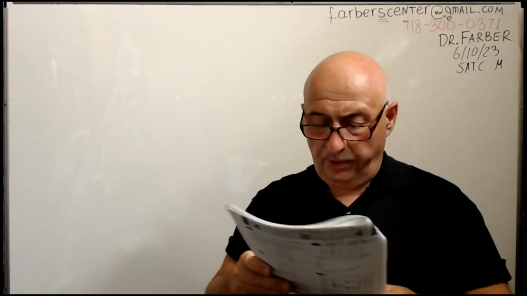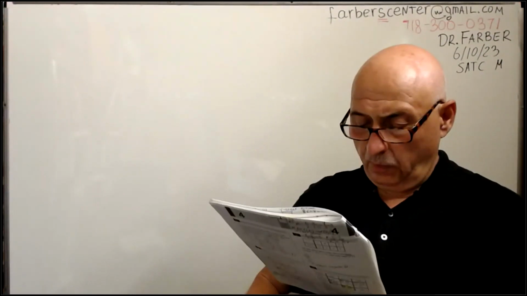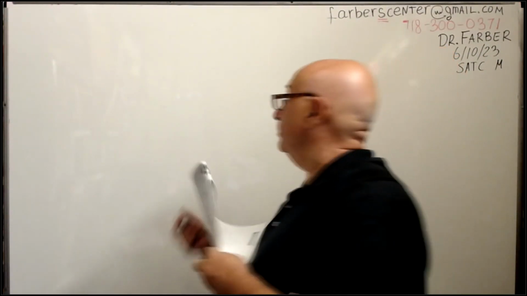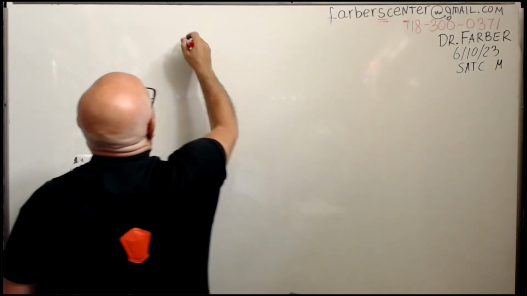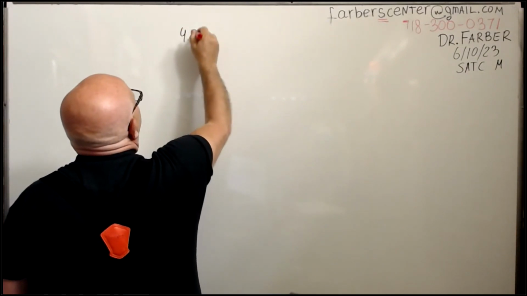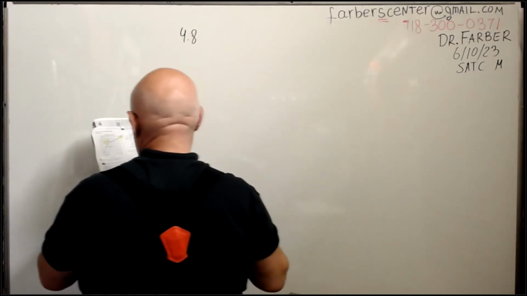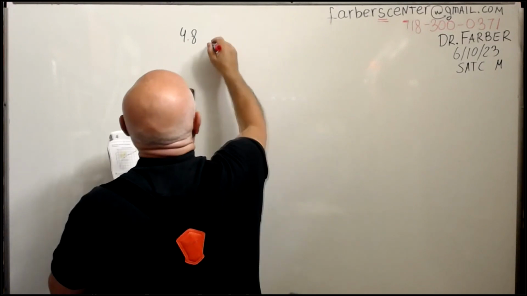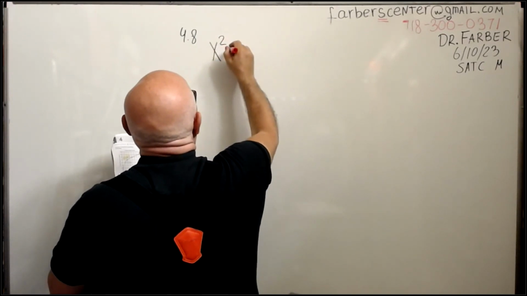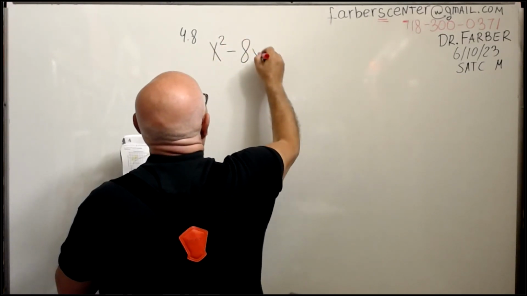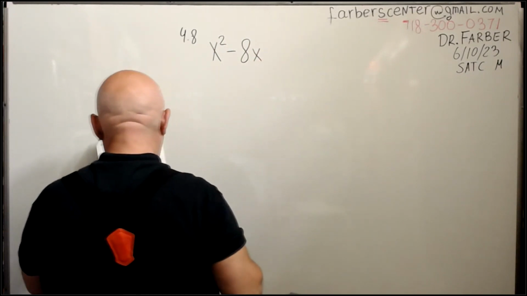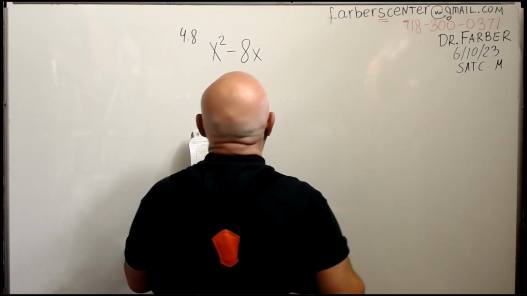What do we have in 4.8? Equation of circle. They give you x squared minus 8x plus y squared equals 0. Let me make some space to save time.